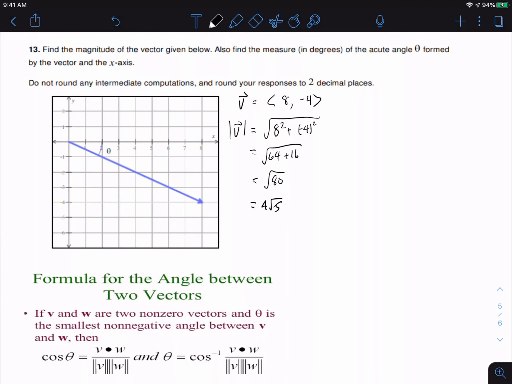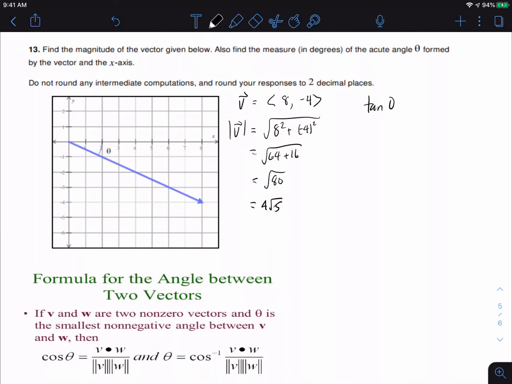That's 80. Yes, I think that does work. Let me double check. I don't trust myself. 80. Good, it does work. Okay. So now that I have that, I have the component, I have the magnitude. Now let's get the angle.